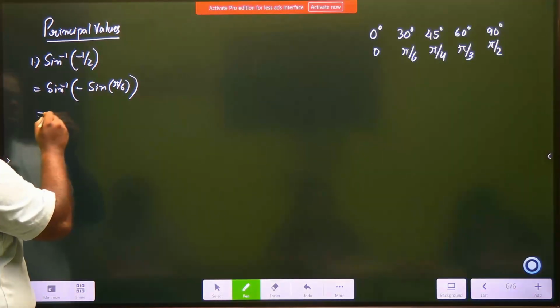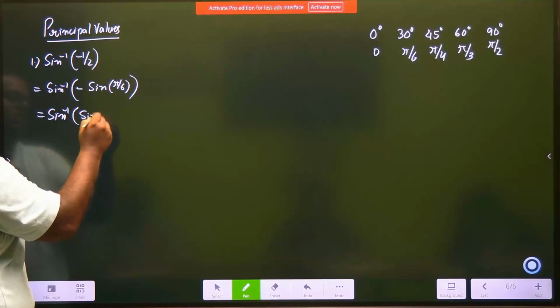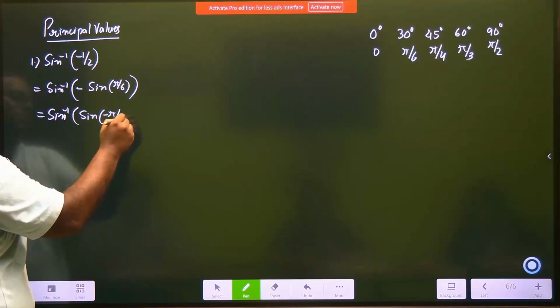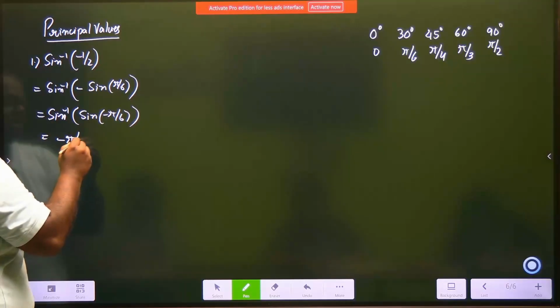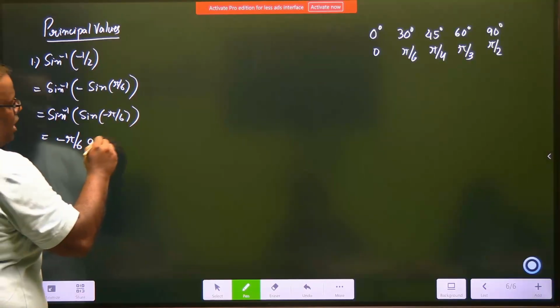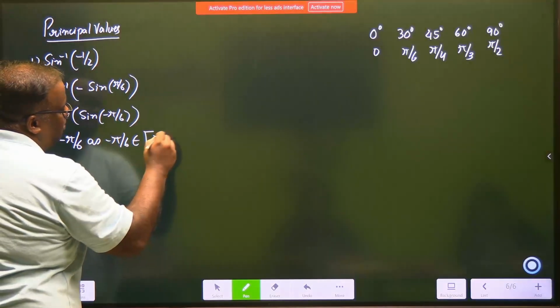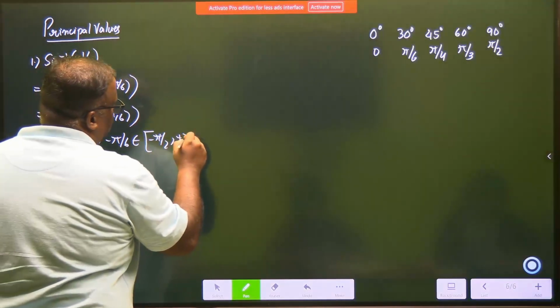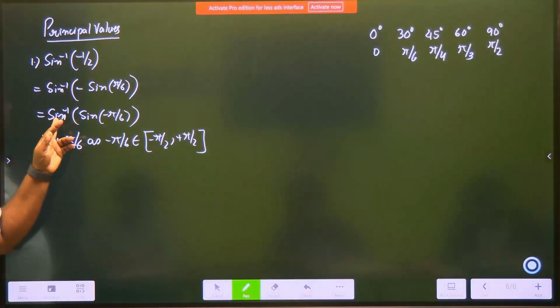Which means you just learned that sine is an odd function. I can write this as sine of negative pi by 6. And now you have the authority to write it as negative pi by 6, as negative pi by 6 belongs to negative pi by 2 and positive pi by 2. Why did I write this? It's an inverse function.